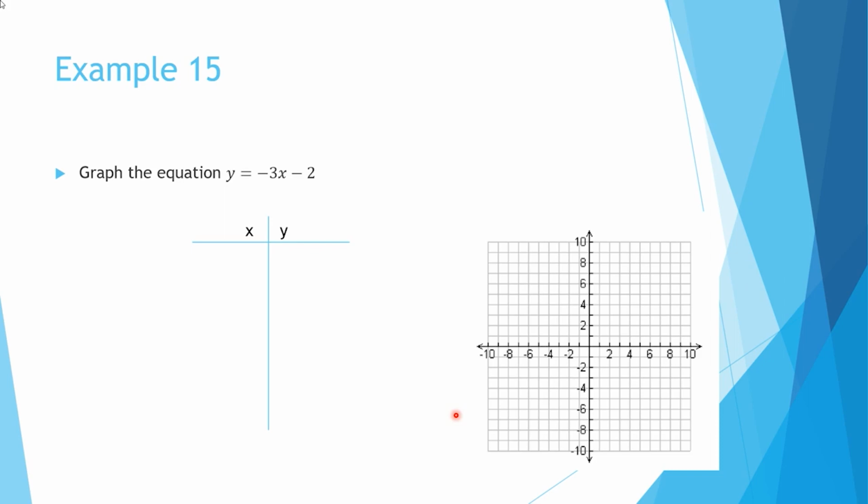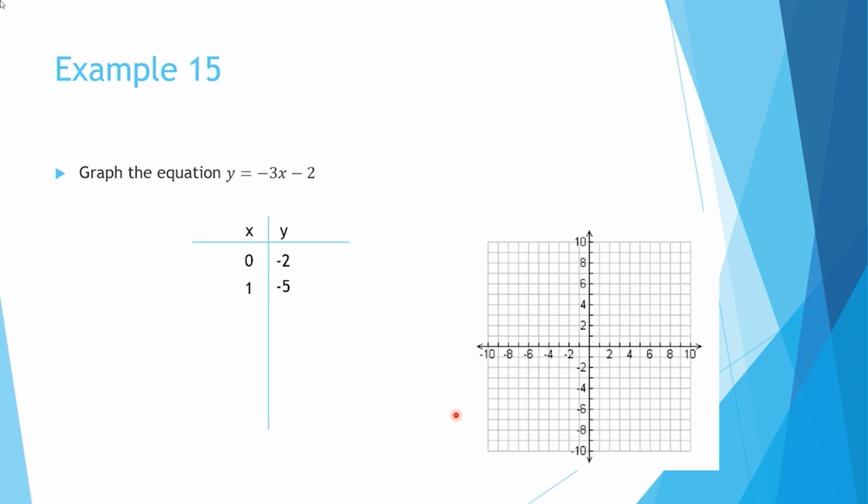So if I'm going to take 0, plug that in, that gives me y equals negative 3 times 0 minus 2, which just gives me negative 2. Plug in 1. When I plug in 1, that's 1 times negative 3, which is negative 3. So it's negative 3 minus 2, which gives me negative 5.